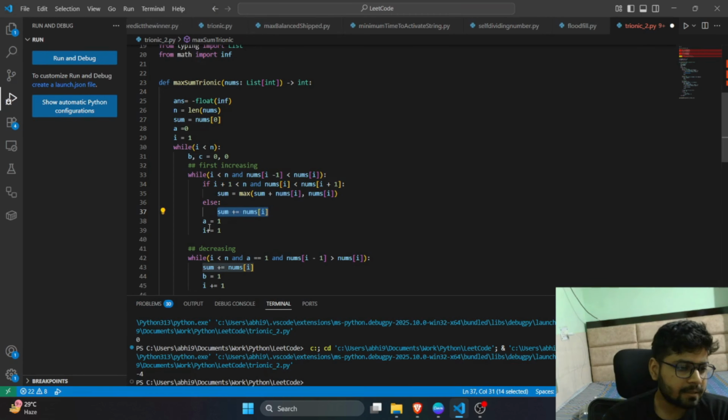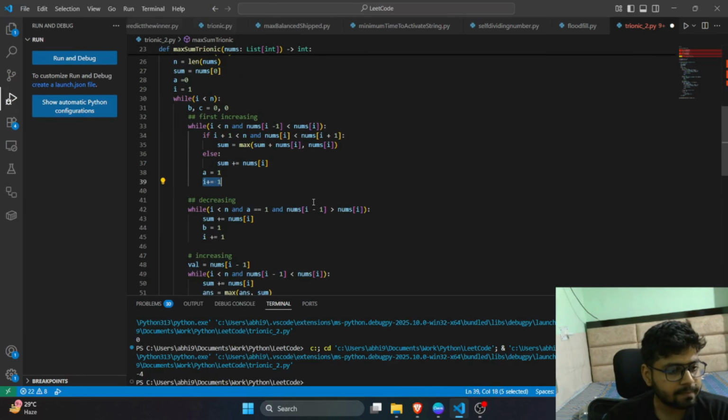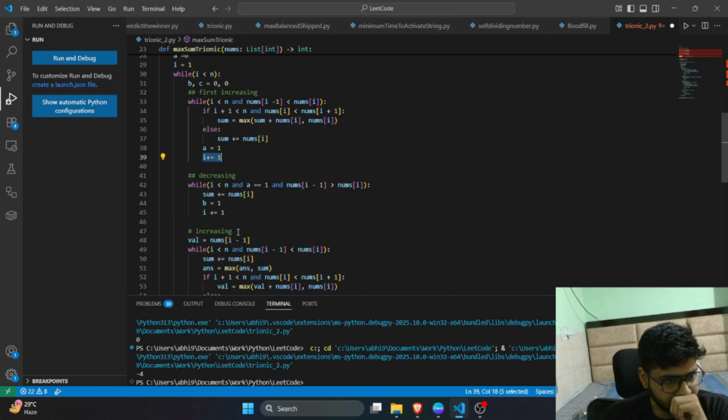After calculating that, we will set the flag of a to 1, which represents that we have calculated the first increasing point in our array. And then we will increment i.